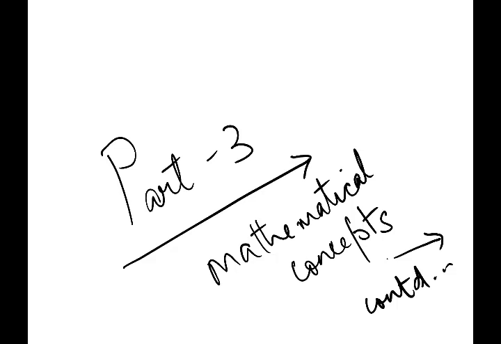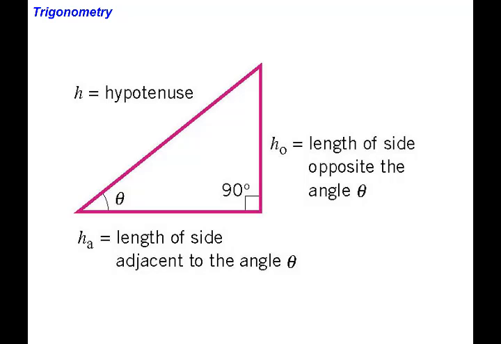Lastly, I want to go into part 3, which is mathematical concepts. For this course, you should definitely know the trig part. The important trig part being, you should be aware of what is the adjacent, what is the hypotenuse, what is the opposite, and what is the relationship between them.